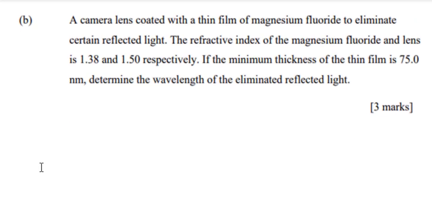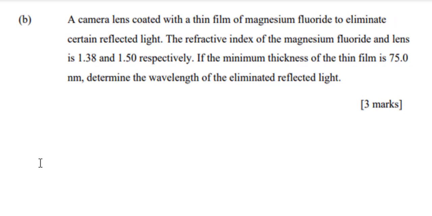Given a camera lens coated with a thin film of magnesium fluoride to eliminate certain reflected light. The refractive index of the magnesium fluoride and lens is 1.38 and 1.5 respectively. If the minimum thickness of the thin film is 75 nanometer, determine the wavelength of the eliminated reflected light.